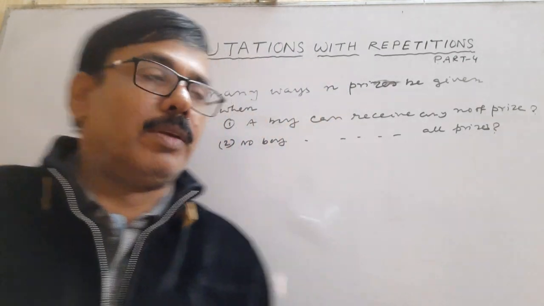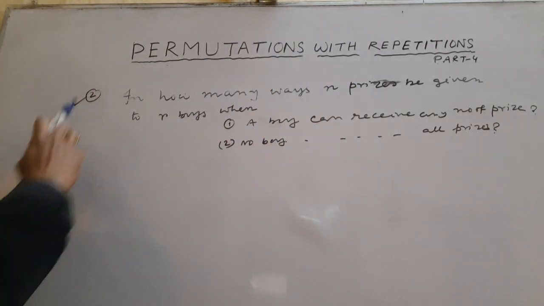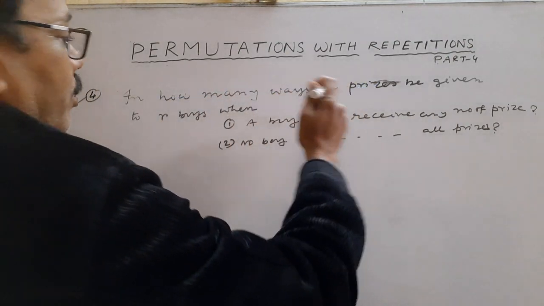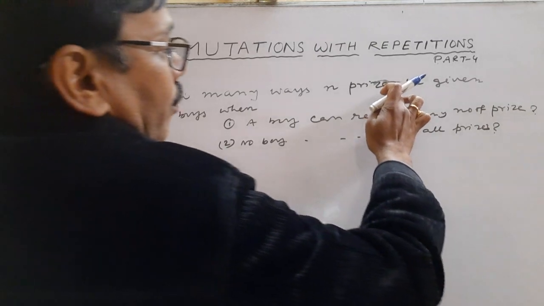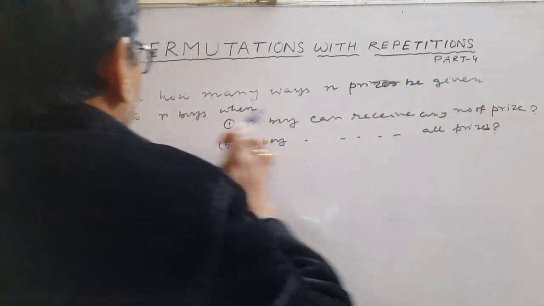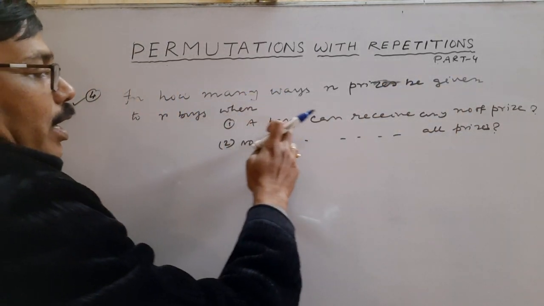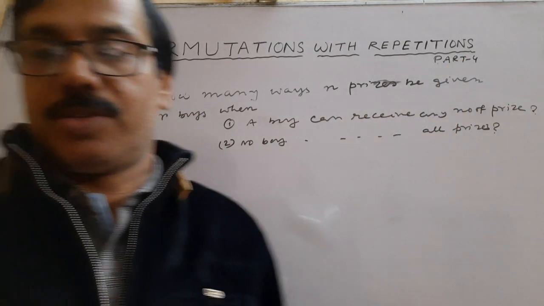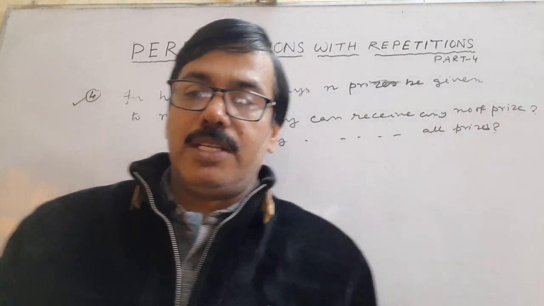Now, next problem, number 4. In how many ways can n prizes be given to r boys when a boy can receive any number of prizes? Repetition is allowed.